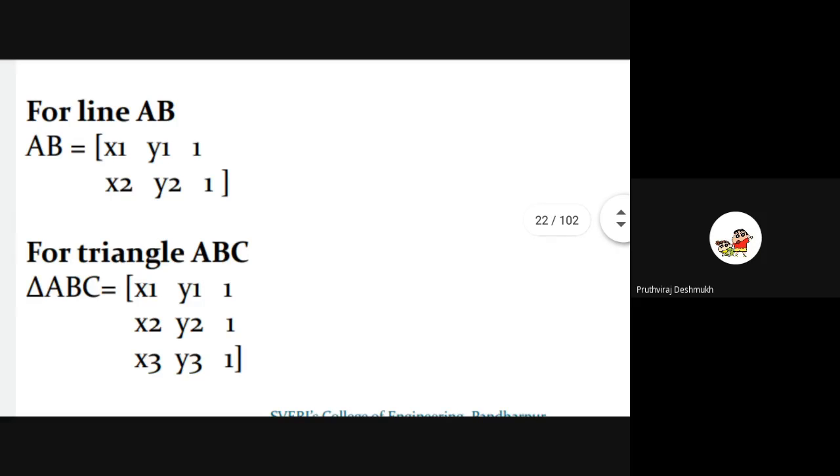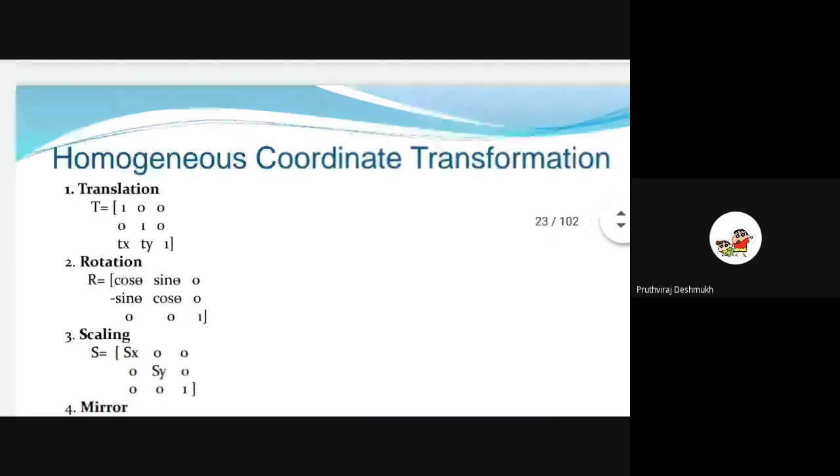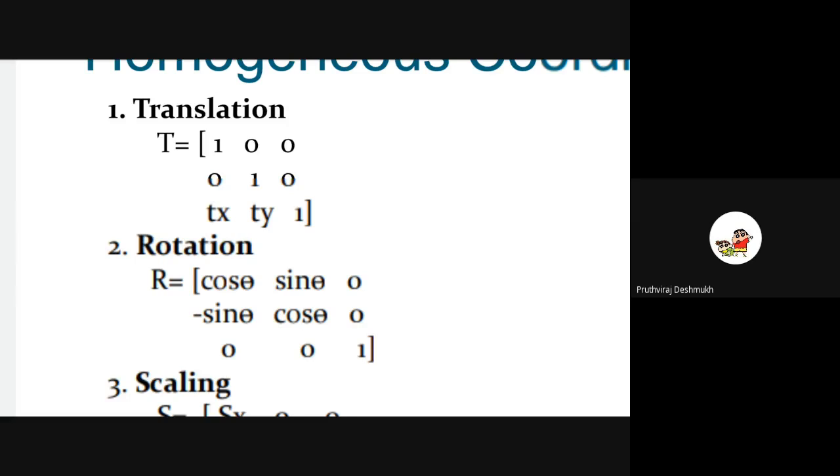Now see the formulas for the transformations: translation, rotation, scaling, mirror, and lastly shear. As with geometric transformation, the homogeneous transformation has the same formulas, only one row is added. These are standard formulas, and we have to remember them because they are very important for problem solving.